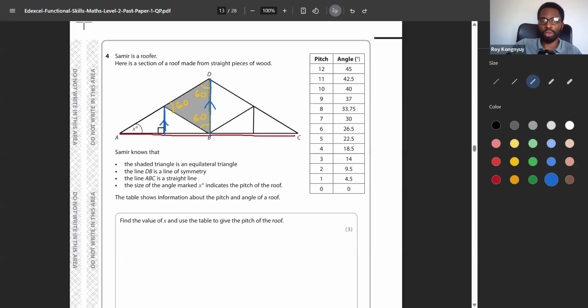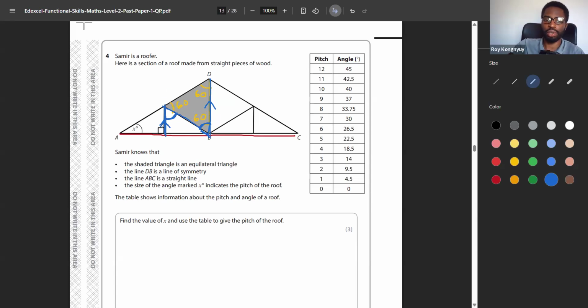We know about alternate angles, don't we? Alternate angles tell us that when you have one pair of parallel lines, these angles are always equal to each other.